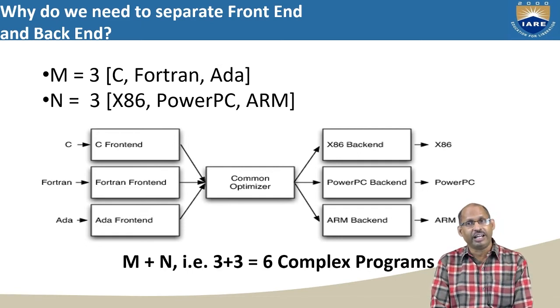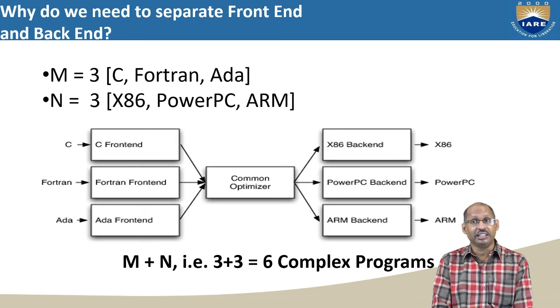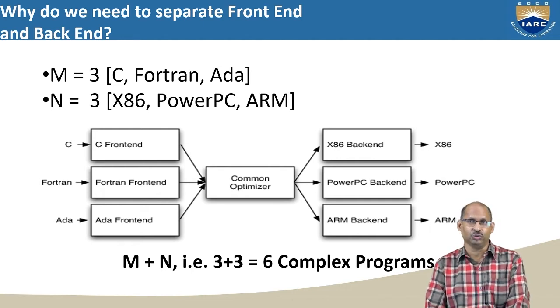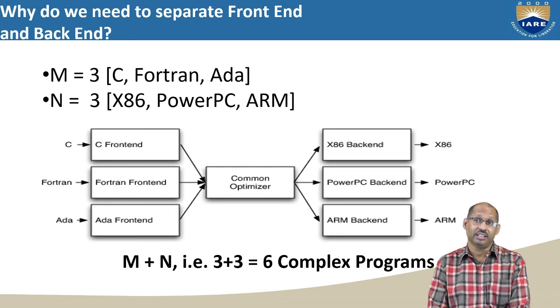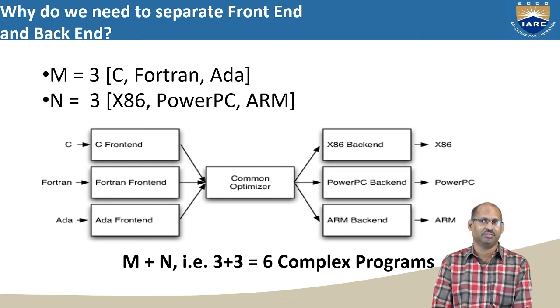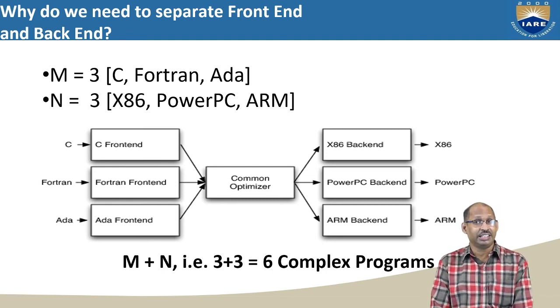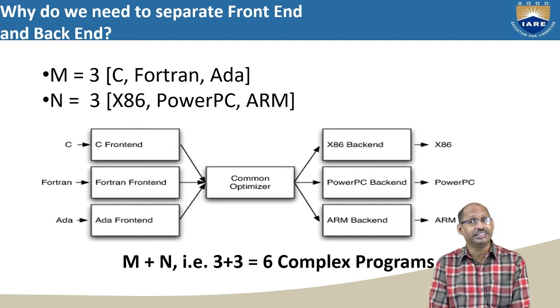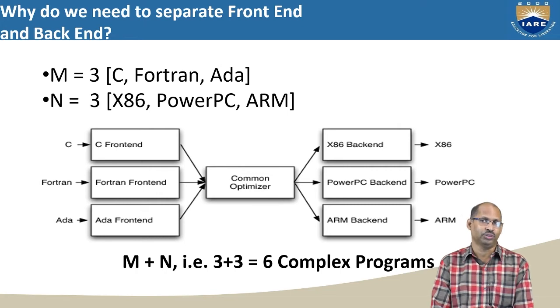So instead of constructing 9 complex programs, now we are constructing only 6 programs, which we use to generate 9 compilers. Right? We are generating the 9 compilers, but we are using the 6 programs only.